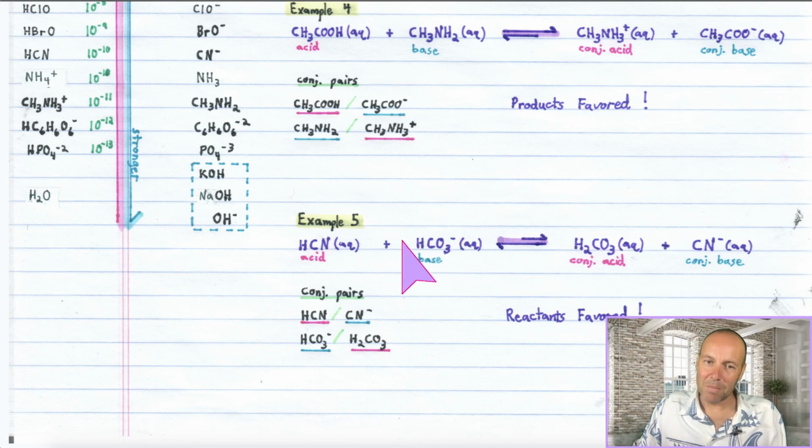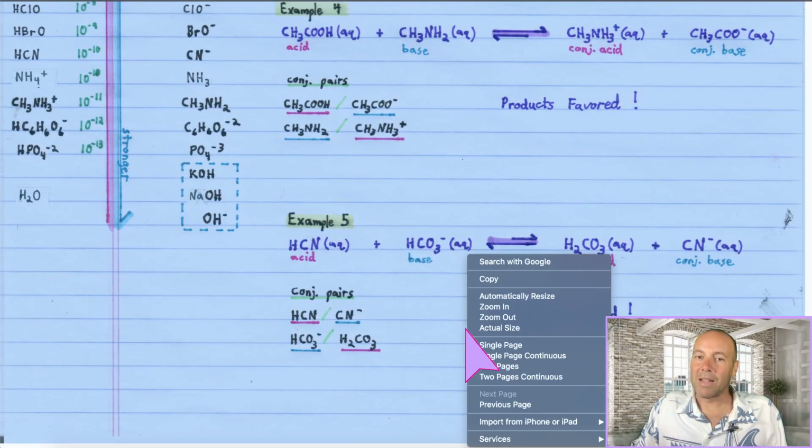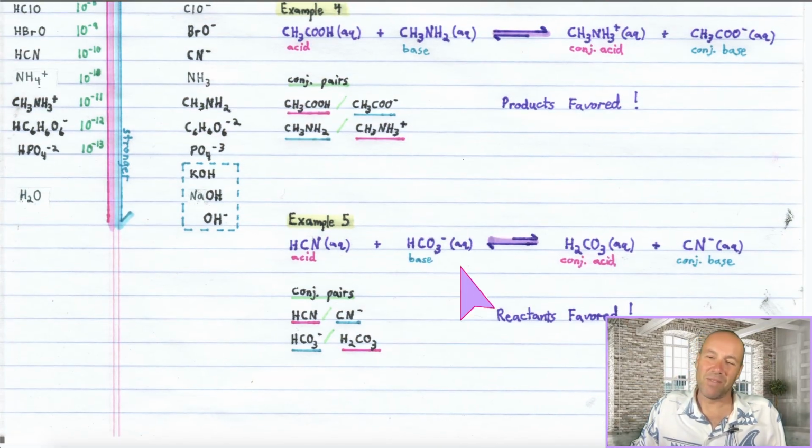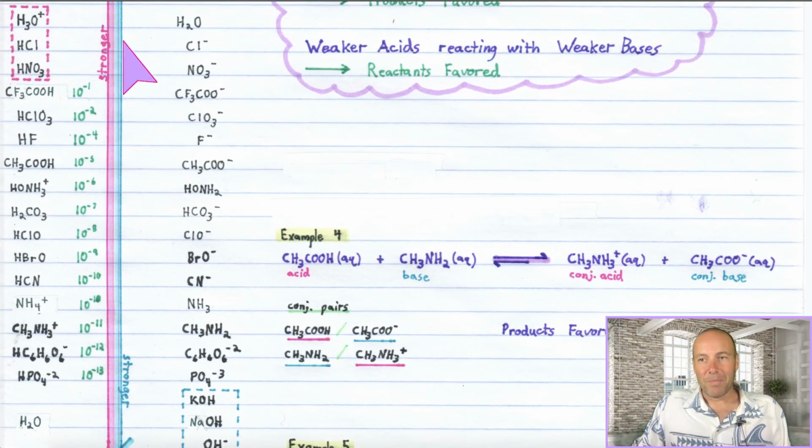And after this accepts some of those protons, it turns into carbonic acid. This is the conjugate acid of that base. So you got two conjugate pairs again in the acid-base reaction, but this time the reactants are favored because it's a really weak acid reacting with a really weak base. So I hope you get that.